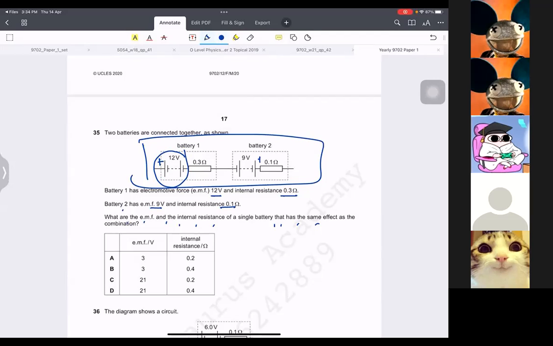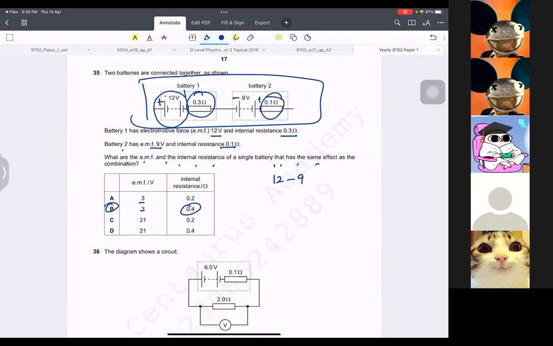So 12 minus 9 is 3. So the answer for EMF should be 3 only. Then internal resistance, no matter which direction it is, the resistance always adds up, which means 0.1 plus 0.3 is 0.4.